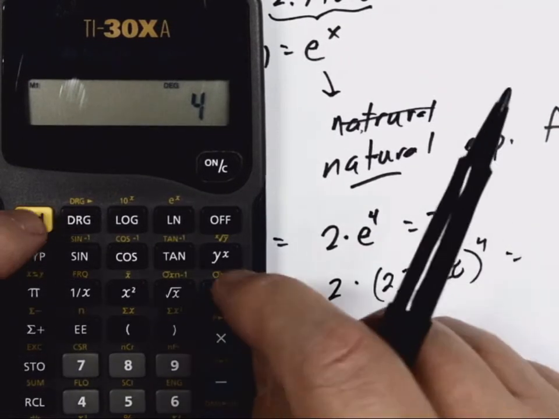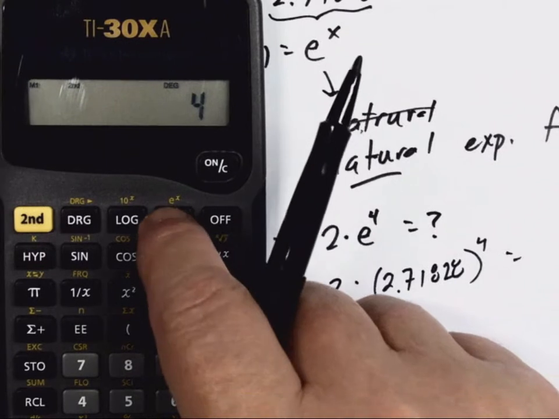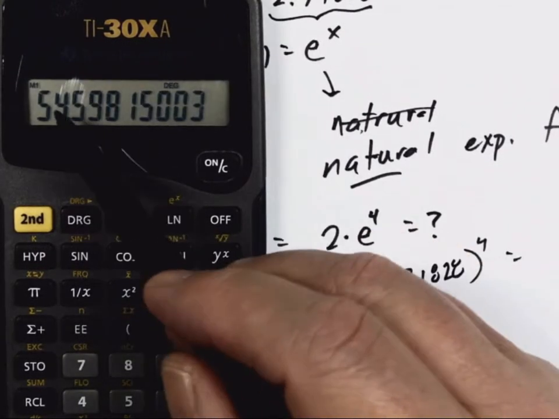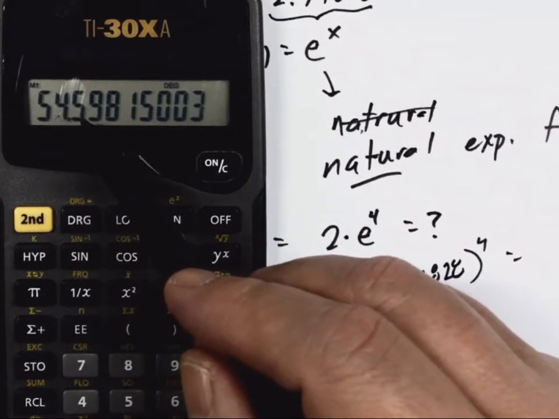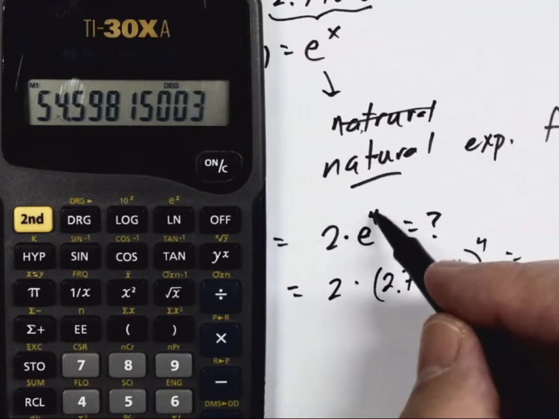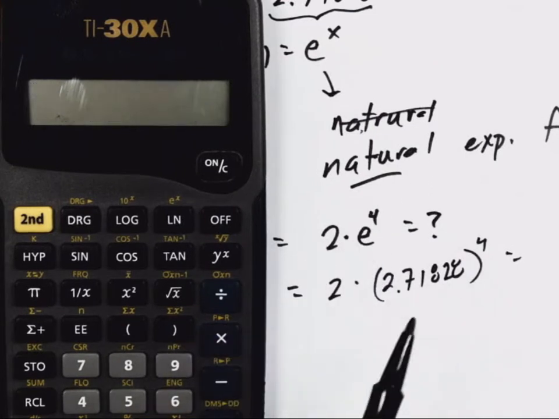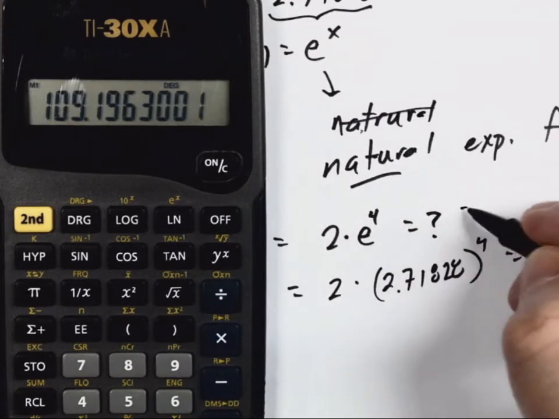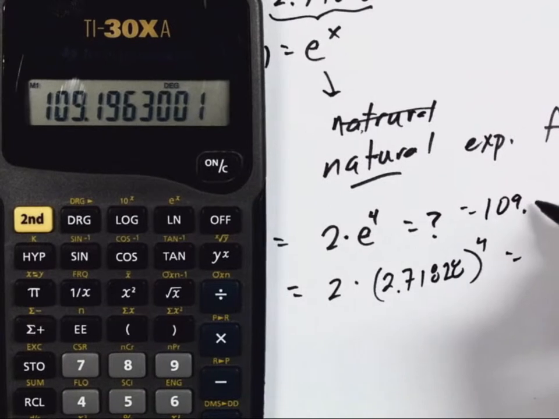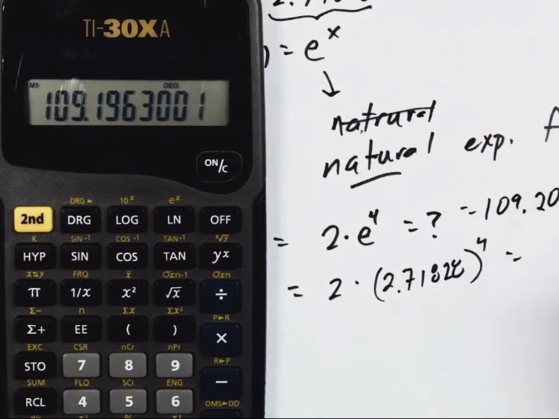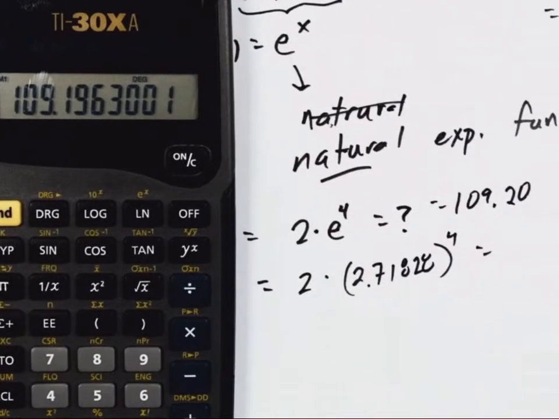For me, I have to hit the little second button, and then e to the x. That right there, 54.598, is e to the 4th. And then for this problem, I multiply it by 2, and I'm all done. 109.20.